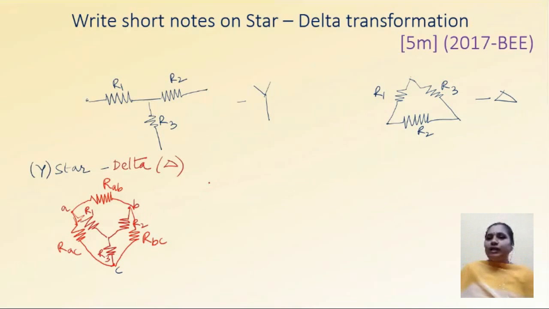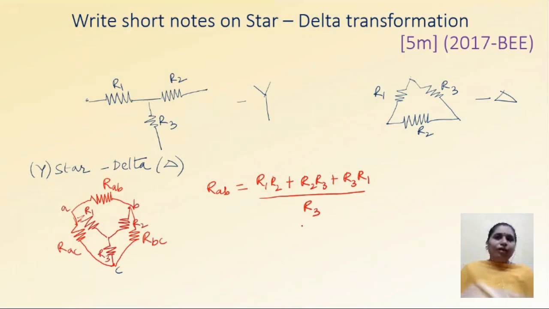So RAB is equal to the product of two resistors, that is R1 R2 plus R2 R3 plus R3 R1, divided by the resistor opposite to terminals A and B. It is the resistor that is connected to C, that is R3.